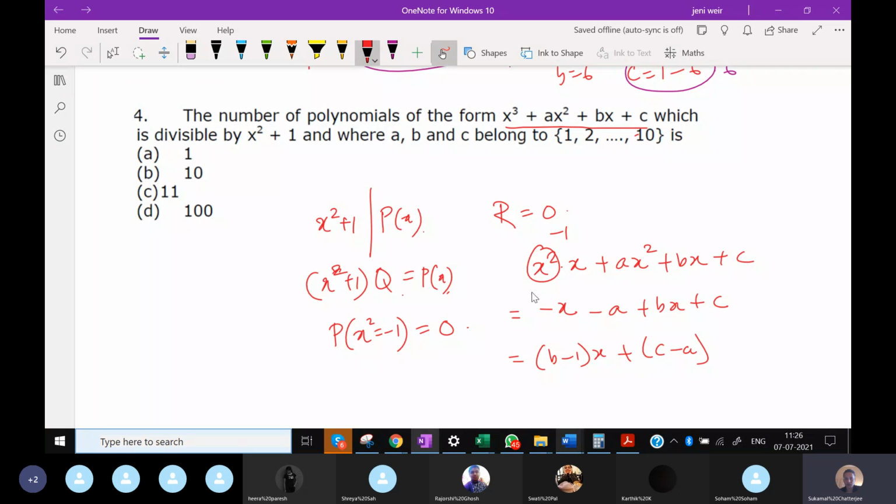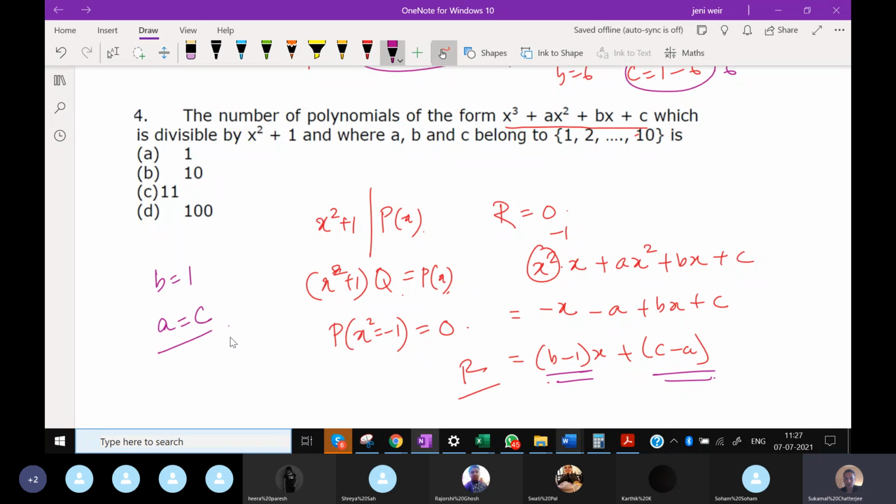Now this is my remainder, and this has to be equal to 0. That means the coefficient of x has to be 0 and the constant term has to be 0, which means b has to be equal to 1 and a has to be equal to c.